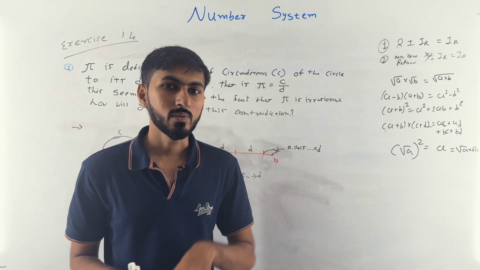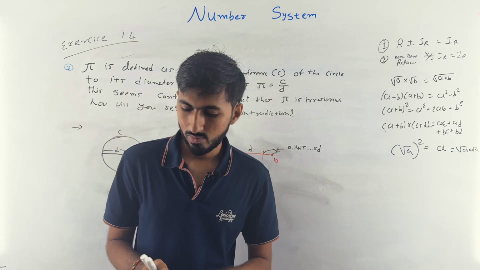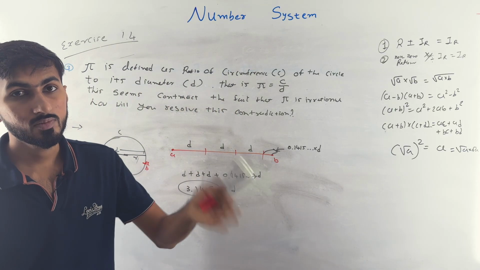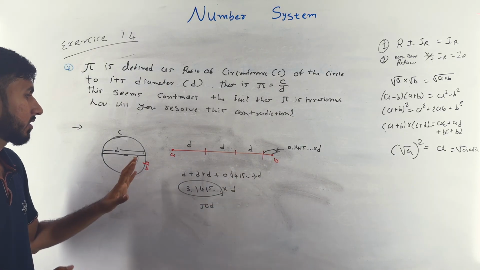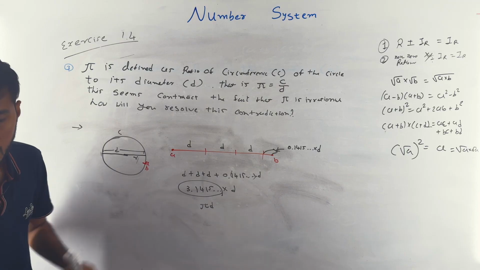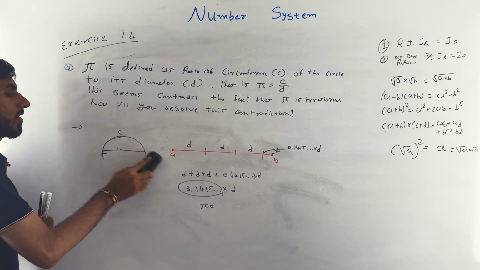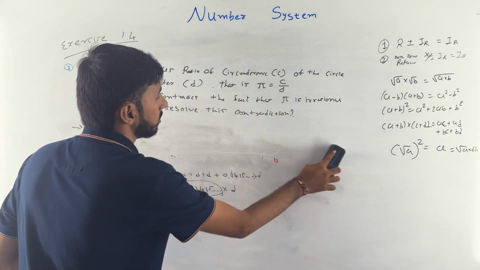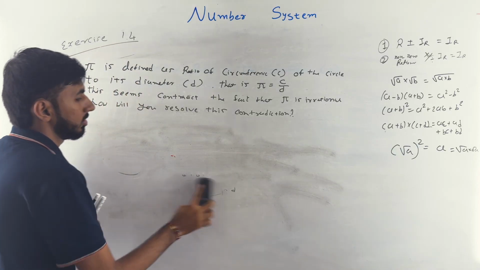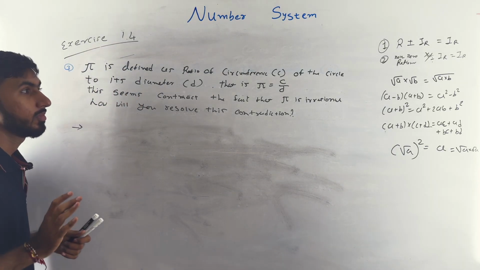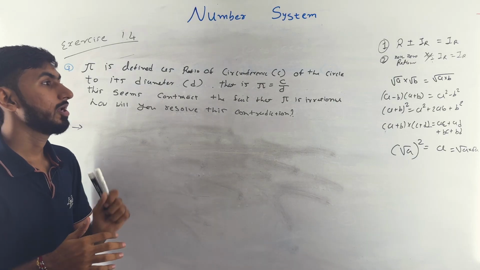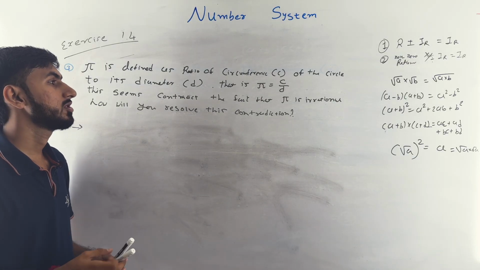If you again use an even more precise device, you will get again more decimal digits, right? So here is the concept that there is no contradiction that pi is an irrational number. The values of c and d are measurements of length, and measurements of length cannot be precise. We only take an approximate value of measurements of c and d.